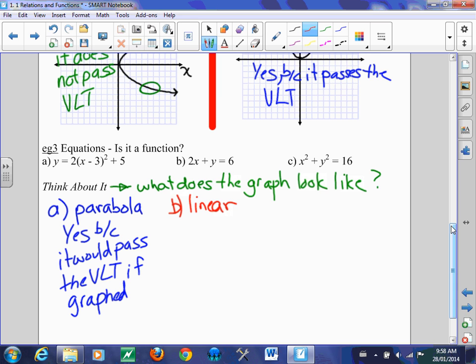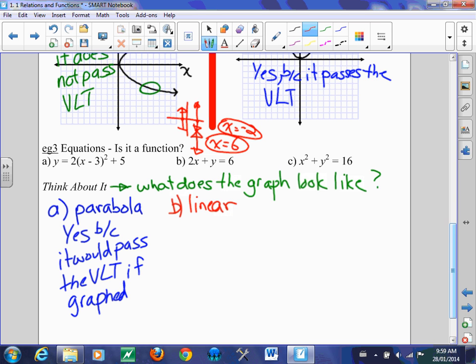I want you to think about it carefully. The only case is when you've got an undefined slope or a vertical line, and it's going to look like x equals something, like x equals 6 or x equals -2. So if I was plotting that, 6 would be here, and there would be your line. And if it was -2, it'd be over here.